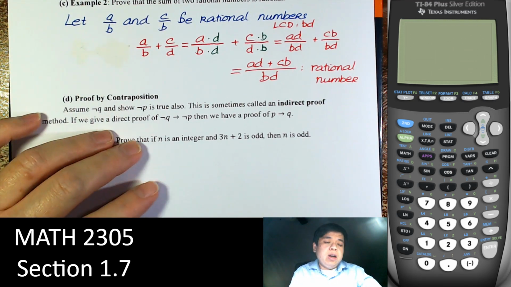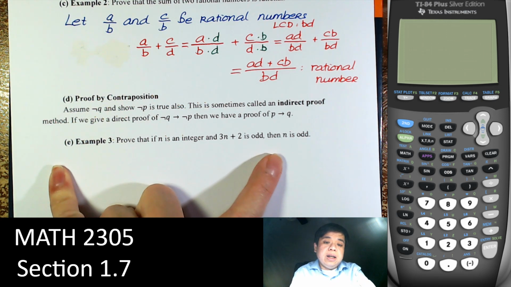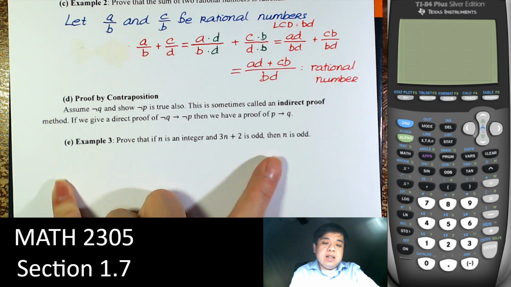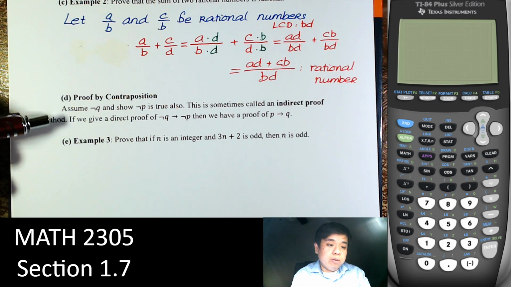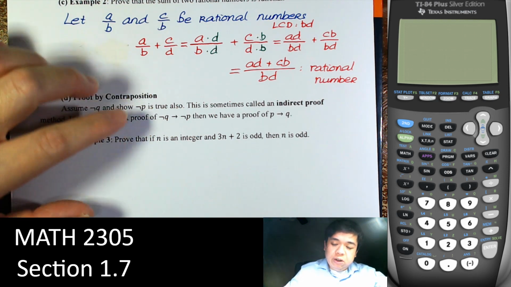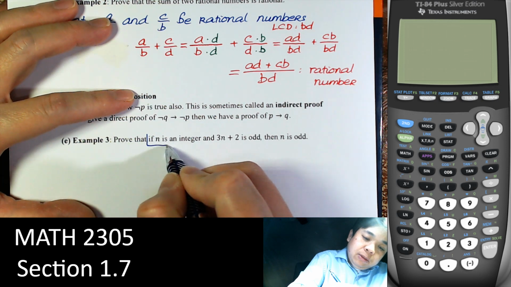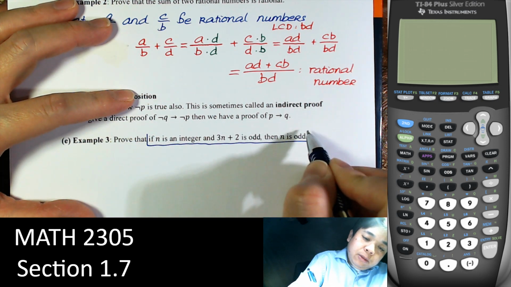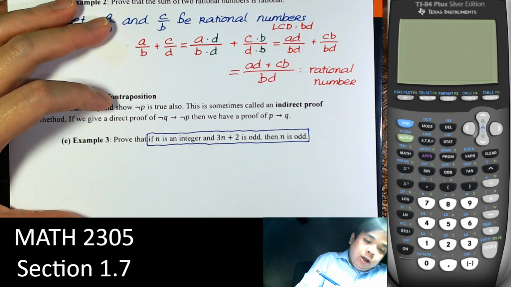And the next one, prove that if n is an integer, if 3n plus 2 is odd, then n is odd. Right. And the helpful hint here that we need is this, we use contrapositive. So let's write the contrapositive for this statement.